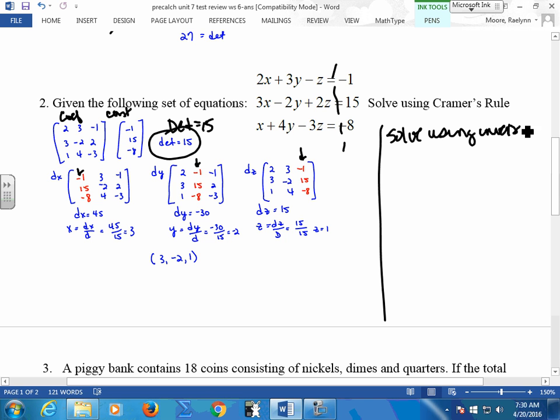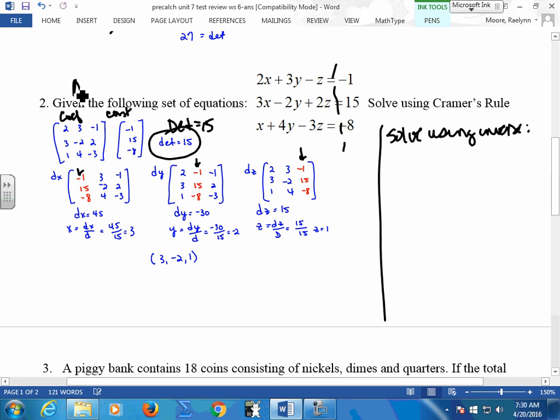How do I set this up to solve using an inverse? That'll prove they're inverses of each other, but they're not inverses of each other. That's the identity. That's when they are inverses of each other. A to the negative 1 times B. So you already have this set up.